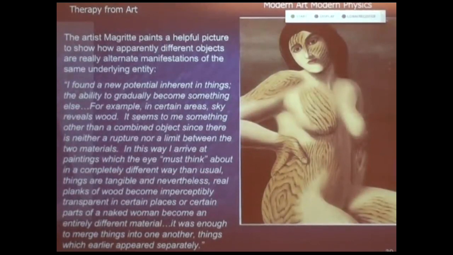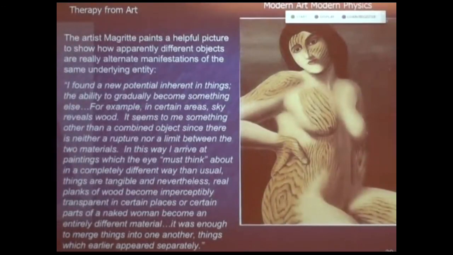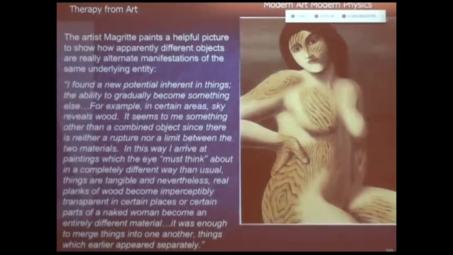It seems to me something other than a combined object, since there is neither a rupture nor a limit between the two. And in this way, the painting forces the eye, or forces the mind, to think about things in a different way. So the electrons are both particles and waves. Okay? So sometimes we use the wave property to explain how it behaves, and sometimes we use the particle property, and we need therapy. That's it.